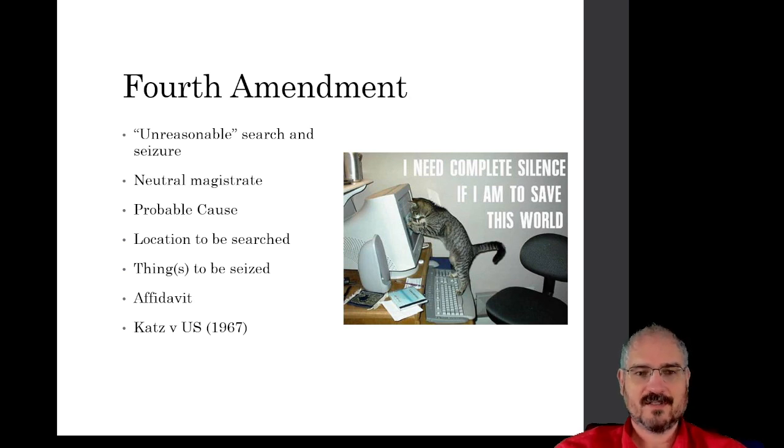And a warrant is a determination of probable cause. And probable cause means a reasonable person would believe either a crime has been committed or is being committed, and evidence will be found within the place that the police want to search, right?